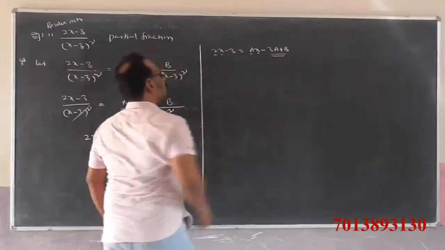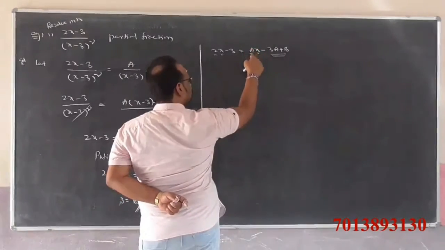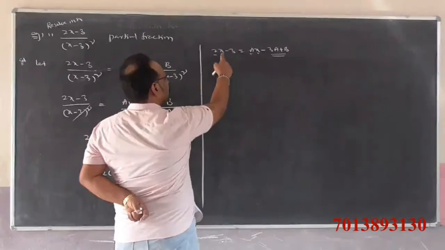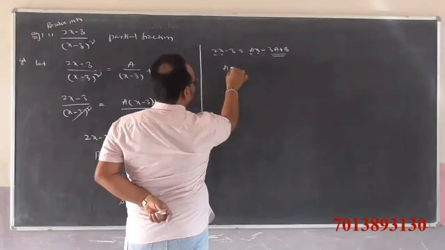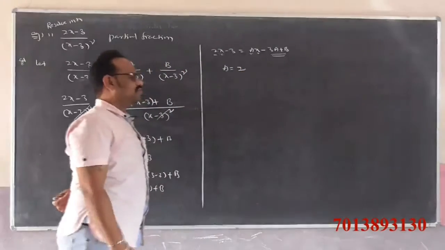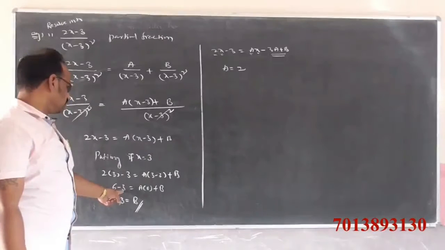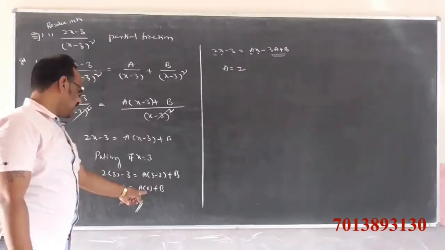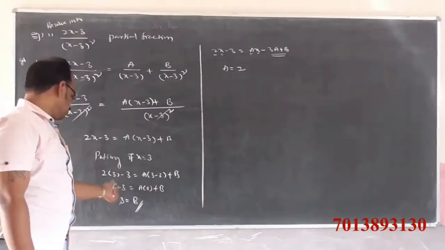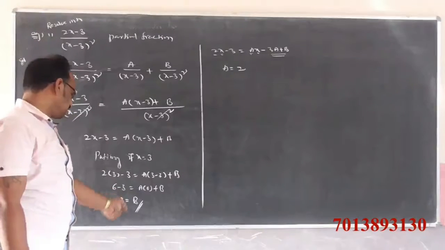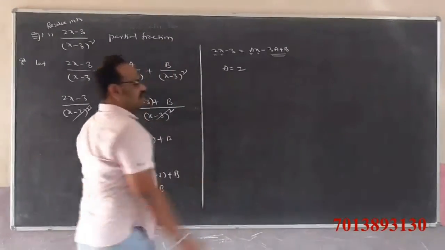The coefficient of x on the left is 2, and the coefficient of x on the right is A. Comparing the LHS and RHS, we get A equals 2.